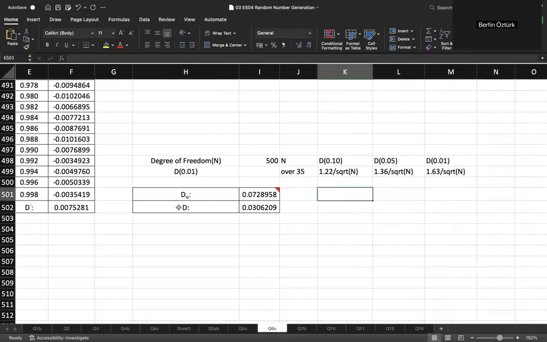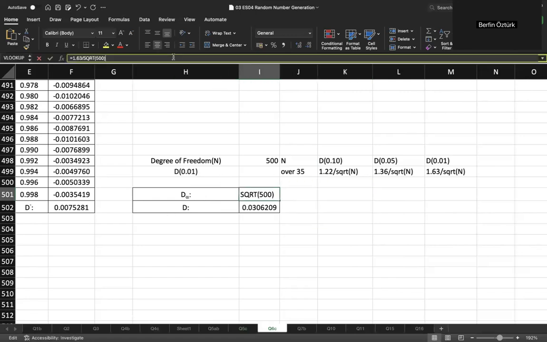So according to that, we are computing the critical value D alpha. We apply this formula because our significance level is 0.01, and our formula is 1.63 over square root of 500, which is written in the formula.